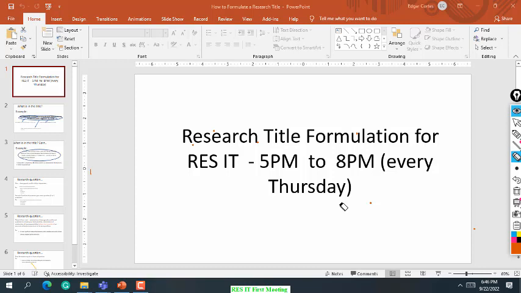The panel member composition is to be advised pa, wala pa nato na finalize in the department. First is the design hearing, so we'll hear your chapters 1 and 2, and then your final defense is the output of the study. So the output of the study, that would be the second part.